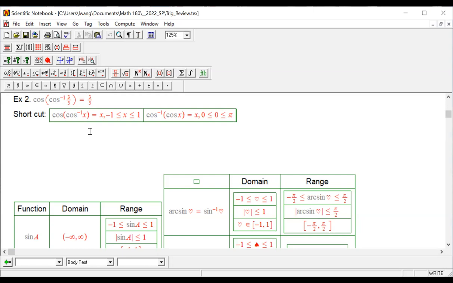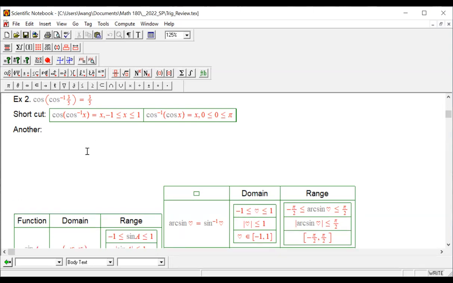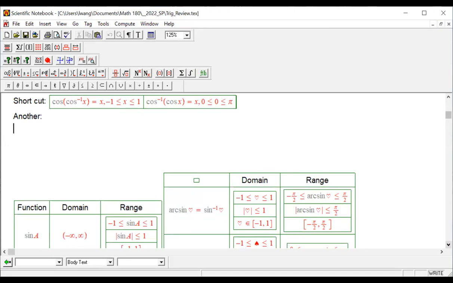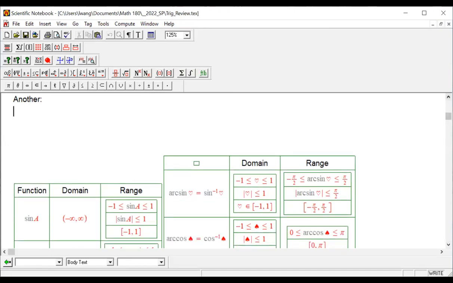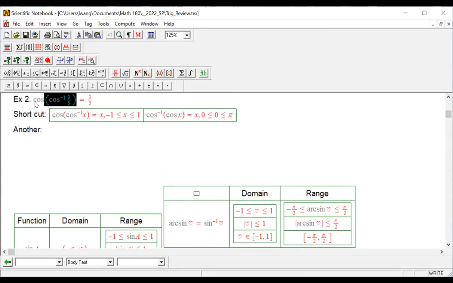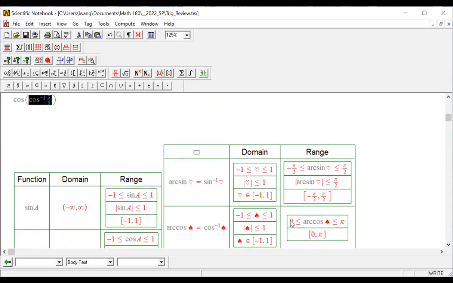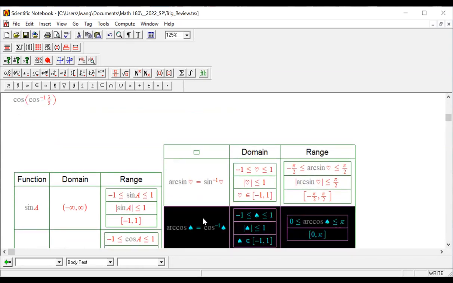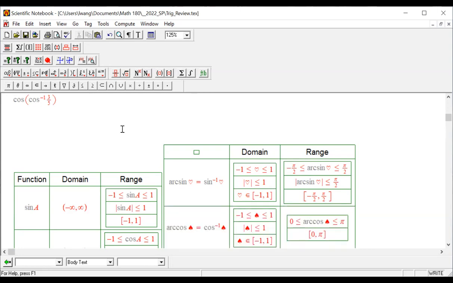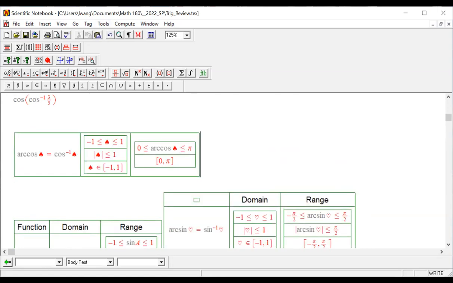What if you don't know the shortcut? No problem. We just go back to the basics. We know the ratio is the input for the arc cosine, and arc cosine produces an angle between 0 and pi.